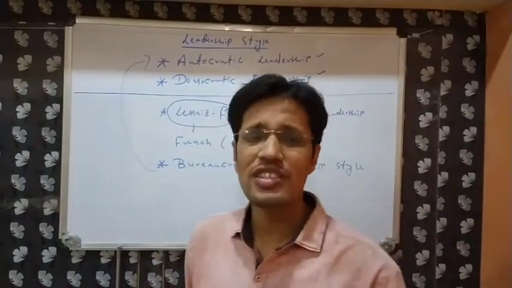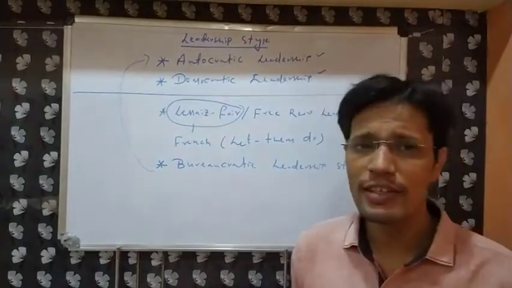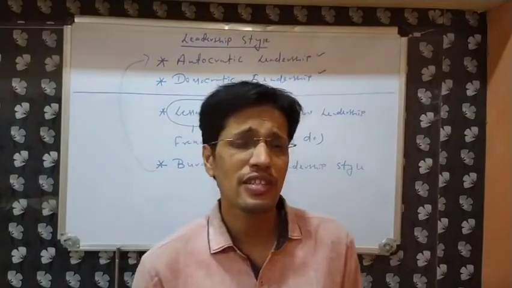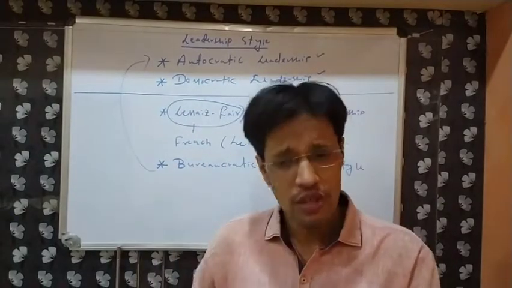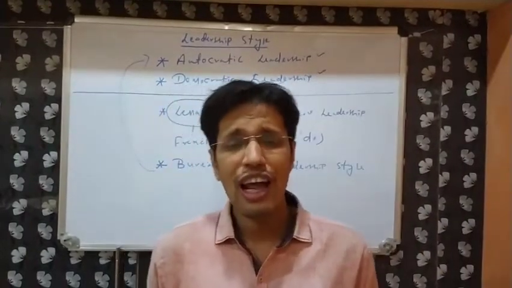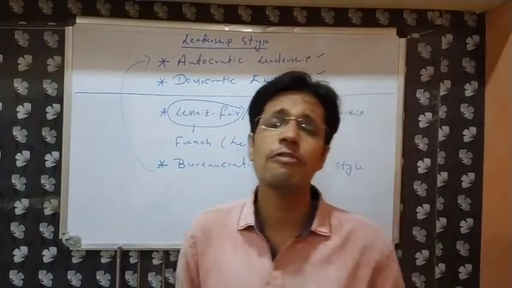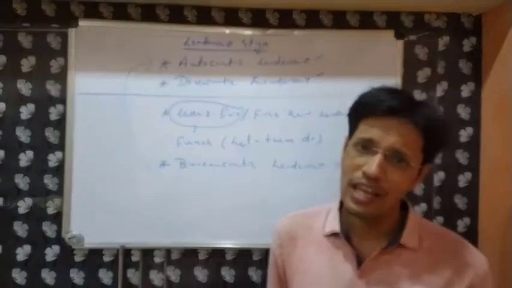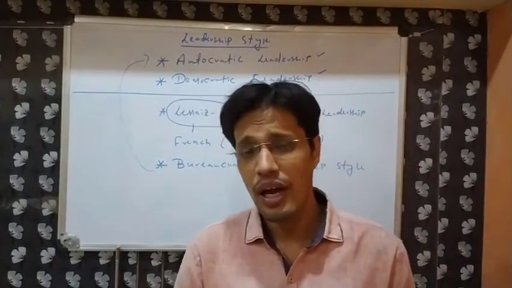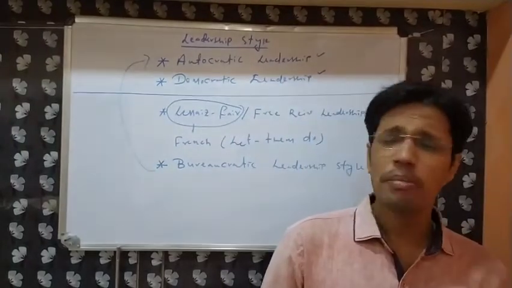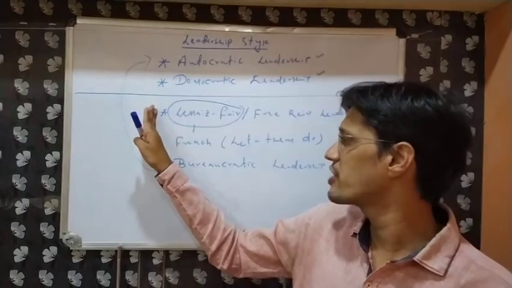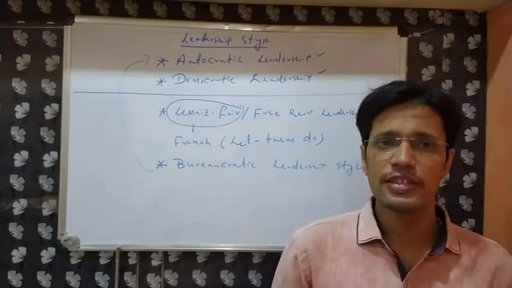These are very good examples of bureaucratic leaders, who are restricted by certain rules and guidelines, and the subordinates are also allowed to work within the framework of the organization and administration. So this is all about two important forms of leadership style: Laissez-Faire leadership style and bureaucratic leadership style.